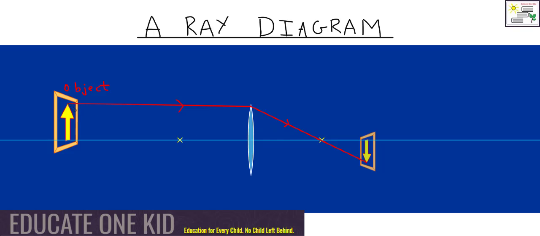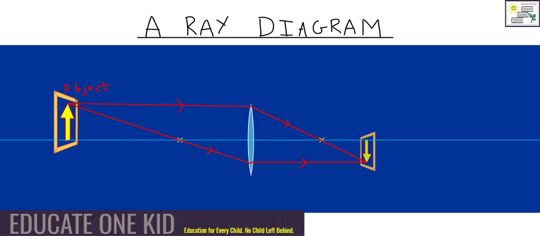Now let's consider a ray from the top of the arrow that travels through the secondary focus. Do you remember what happens to such a ray? Such a ray is bent by the convex lens so that it emerges parallel to the axis on the other side of the lens, like this.